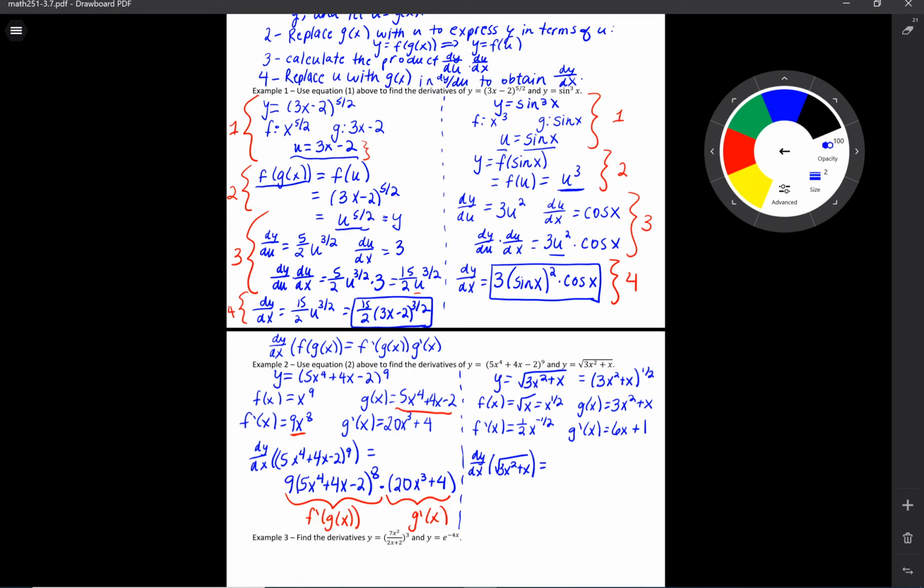So I take my f prime, except I replace the x with g of x, (3x squared plus x) to the power of negative 1/2. This is f prime of g of x times g prime.